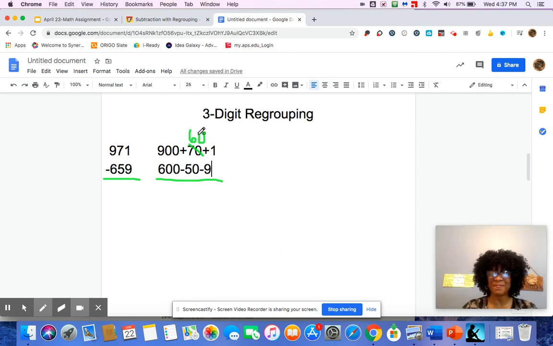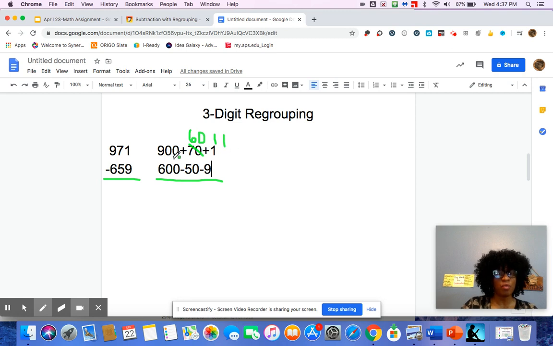Does that make sense? So when we put it over here, we are giving that 10 to the 1, which now we have 11. So one thing I like to do before we even do any of the subtraction is make sure that we are ready to solve. So keep RTS in your mind, ready to solve. So before we do any subtraction, we want to make sure that all of our numbers are ready to solve.